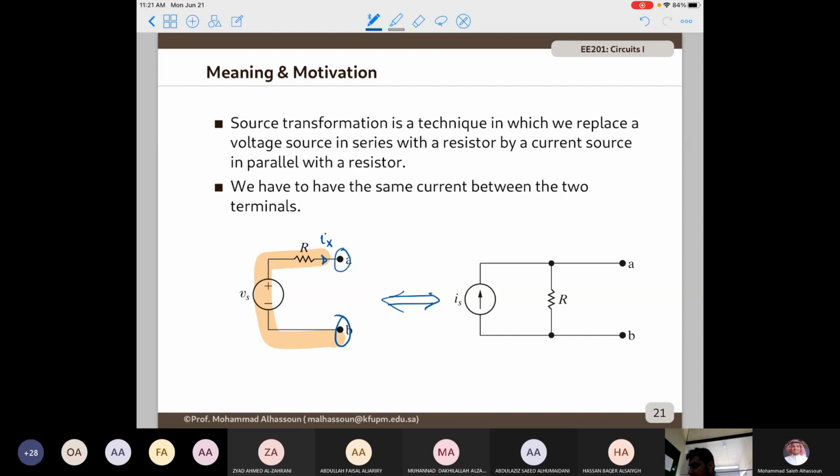So if I call this one ix, I need to ensure that ix here has the same value.